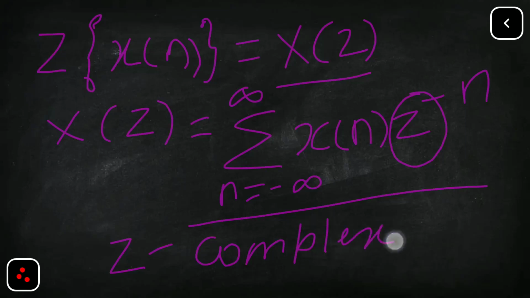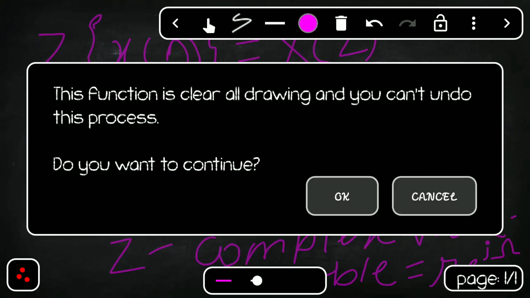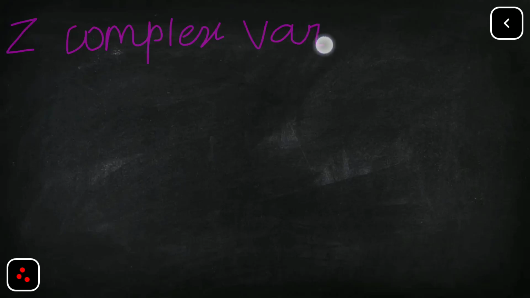Your z here is a complex variable, which is equal to r e to the power of j omega, right? So I'll rewrite that once again: here you are considering z as a complex variable, given by z equals r e to the power of j omega, right?